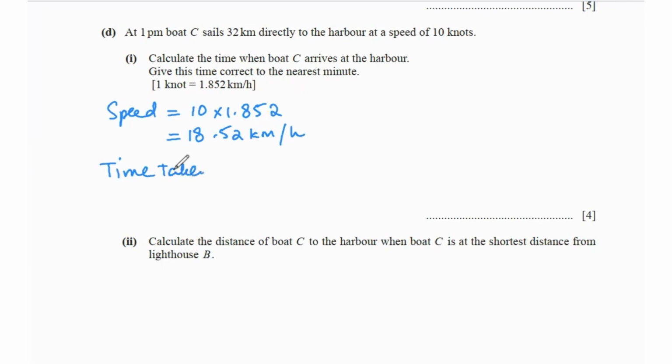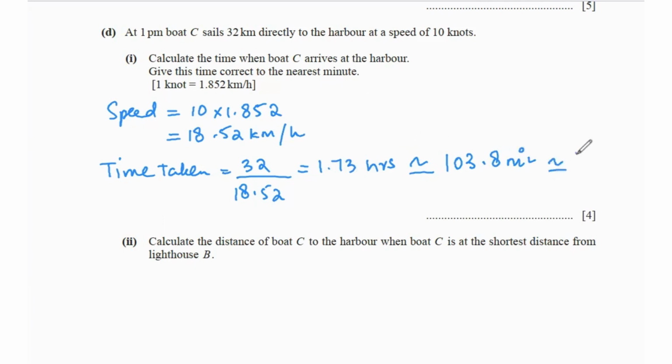After that, we're going to find the time taken. So time taken is going to be distance, which is 32, divided by the speed, 18.5. And that is going to give us 1.73 hours. So 1.73 hours in minutes: we multiply 1.73 by 60, which is 103.8 minutes, approximately equal to 104 minutes.